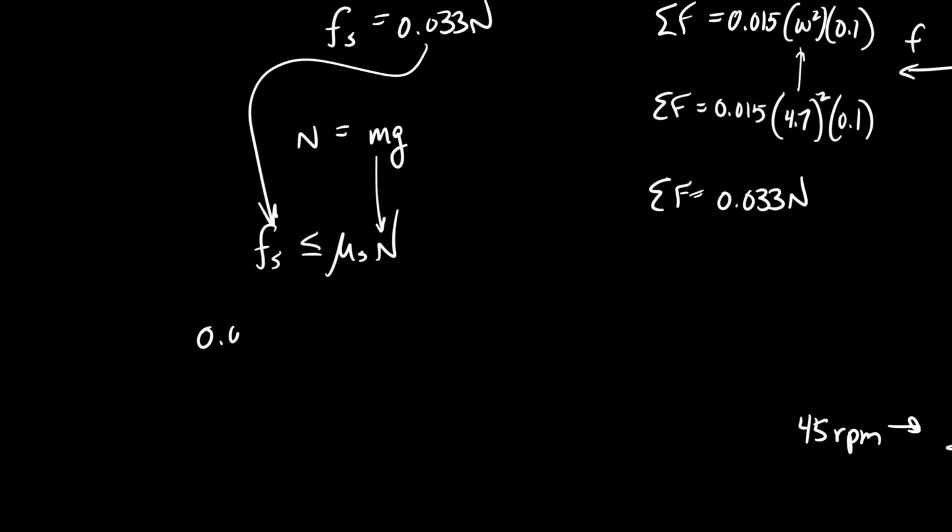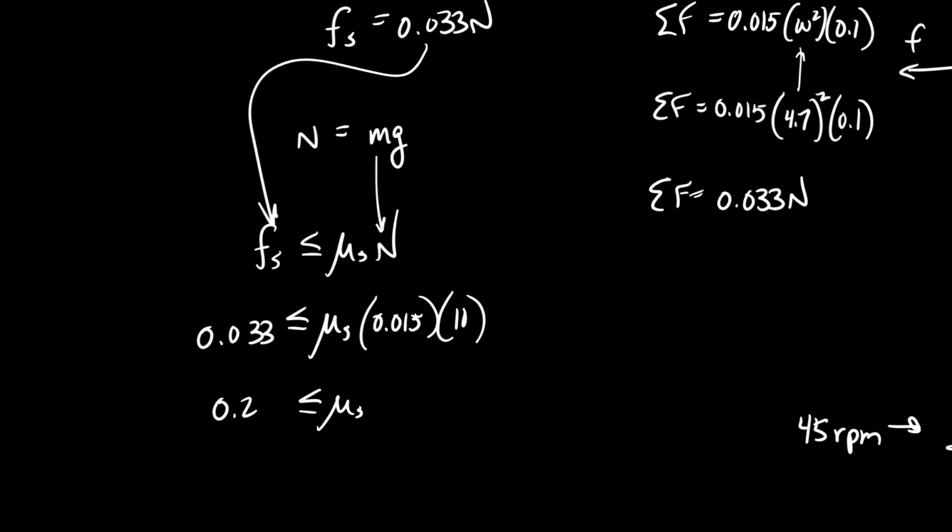So 0.033 has to be less than or equal to mu s times mass, which is 0.015, times g, which is 10. So mu s has to be greater than or equal to 0.033 divided by 0.015 divided by 10, and I get 0.22.